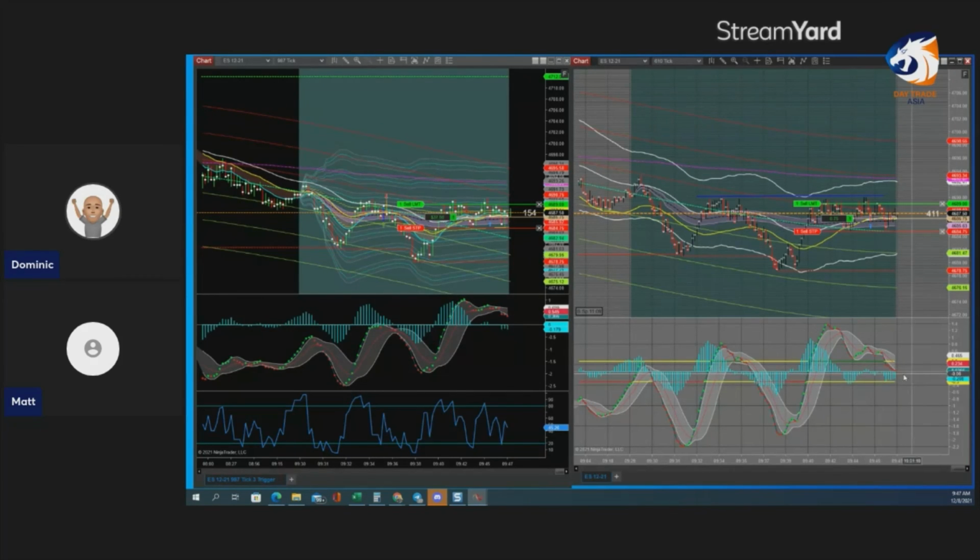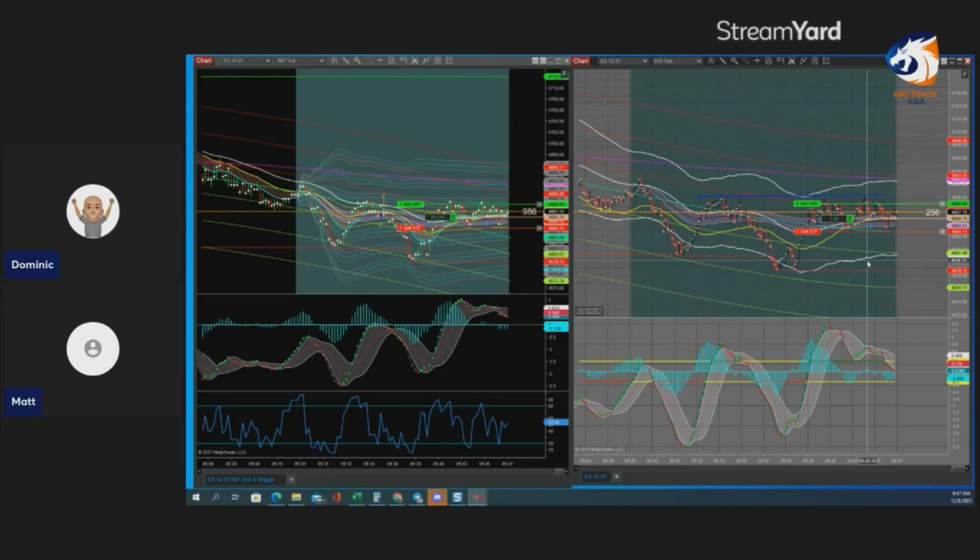But look at the MACD, it's going down. Let's see if we can get 2 points. If not, this is probably going to stop me out at 2 points. We'll see. Again, no momentum at all, flat fill.